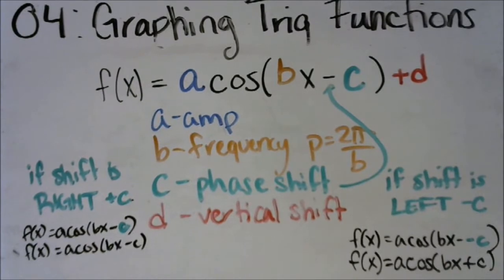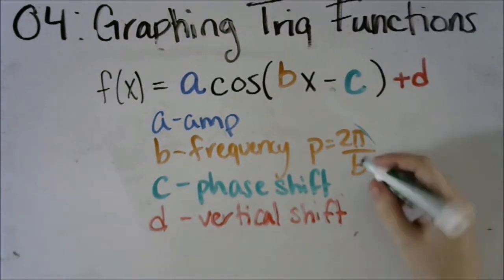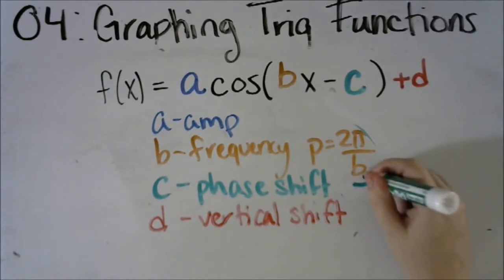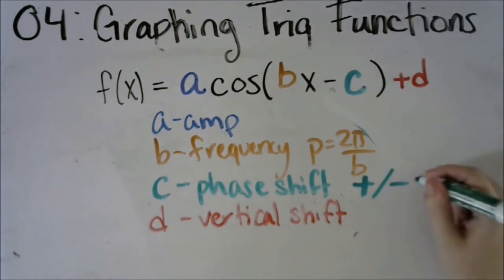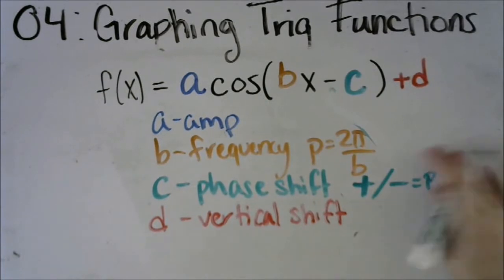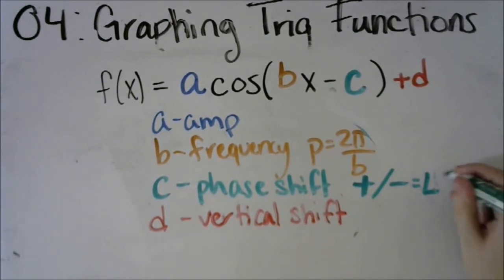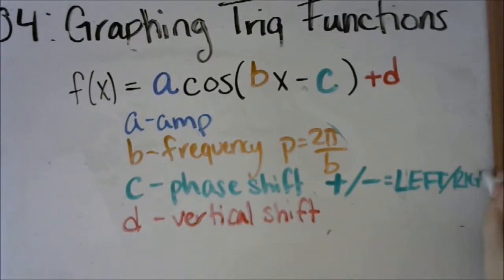So let's take this from examples to an actual rule. Positive, negative equals left and right, respectively.